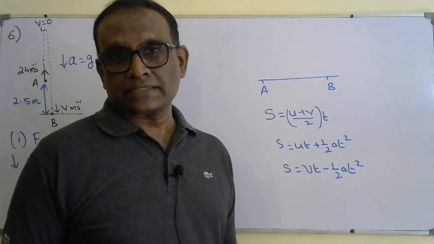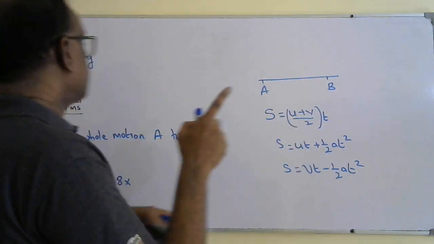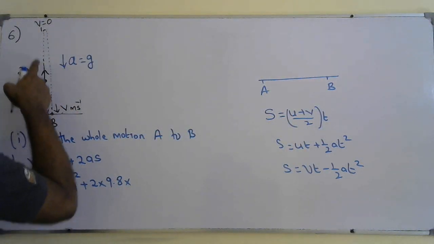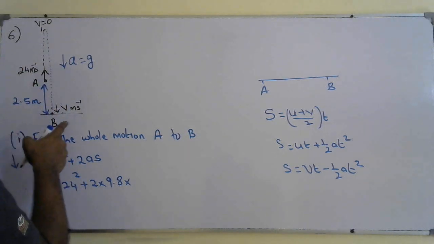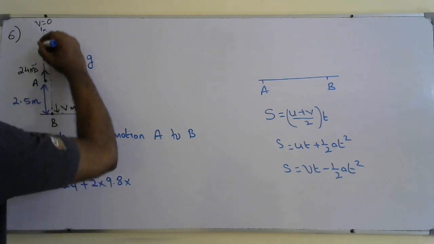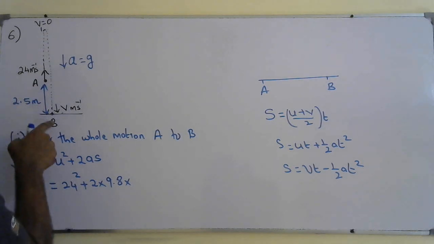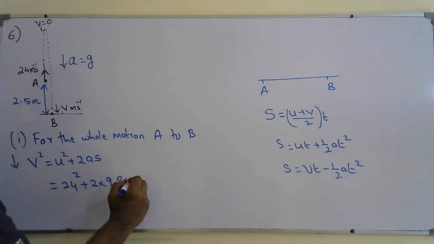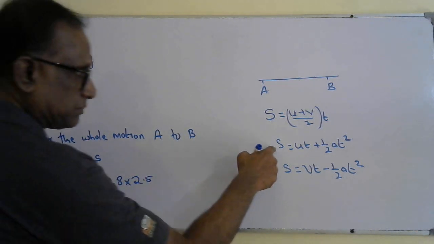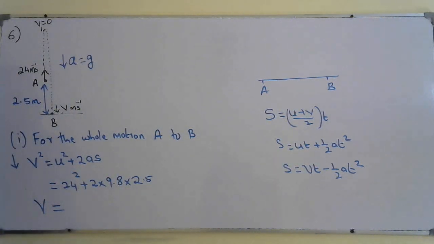But if an object is moving with constant acceleration, something like this, it's moving up then coming down. When I consider the s for the motion from A to B, that is not the whole length. s is the displacement, the shortest distance between A and B, so 2.5. So 2.5, s is the displacement, not the distance, right? Solve it and find the v, you'll get the answer.